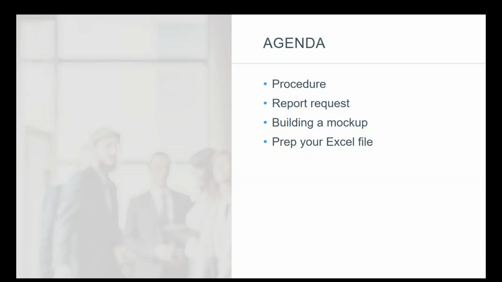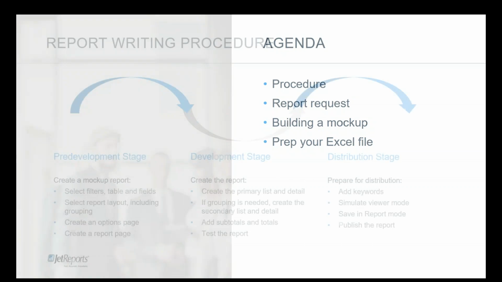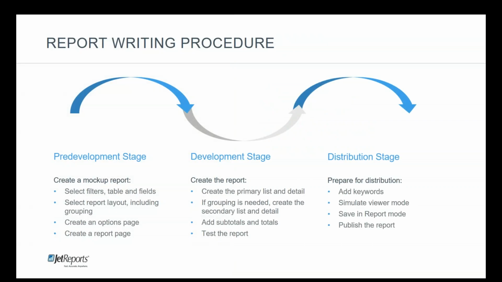We're obviously not going to be able to do anything really complex in this 30 minutes, but it'll give you an idea of the thought process that I go through when I'm trying to figure out, hey, this is what I want, let me see if I can build that for you. We'll build a mock-up, we'll prep our Excel file, and that's really where we're going to cut off.